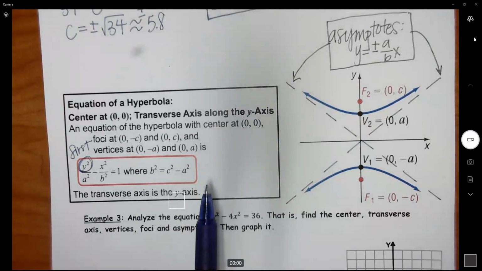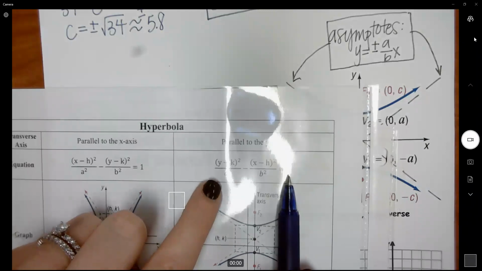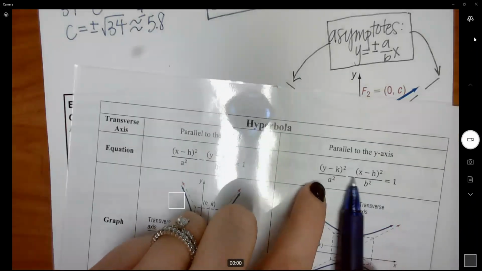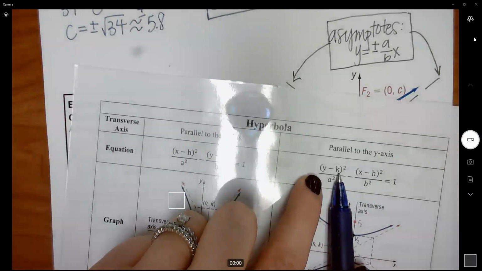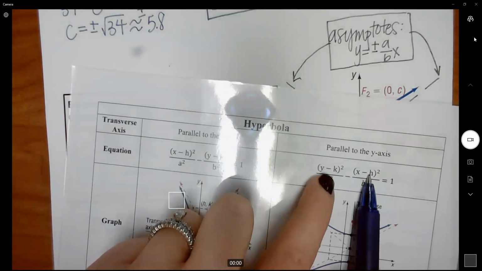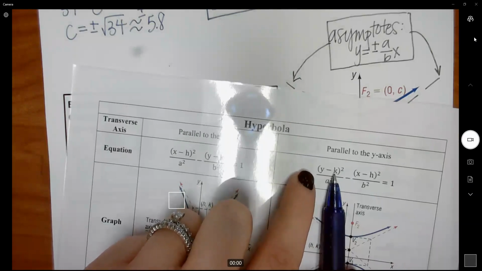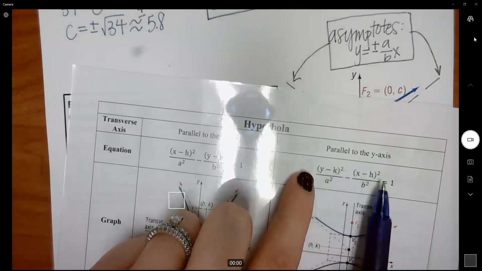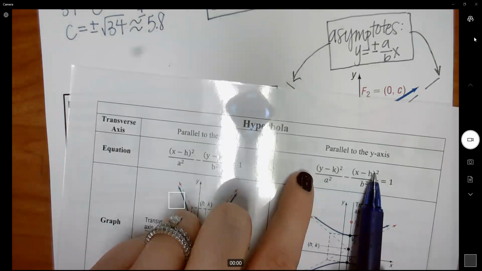So going along with that, we know that this is centered at 0, 0, because when it is shifted, you'll have y minus k and x minus h. So you'll be adding or subtracting something. This means my k is 0, so that's why it's y squared, and my h is 0, that's why it's x squared.